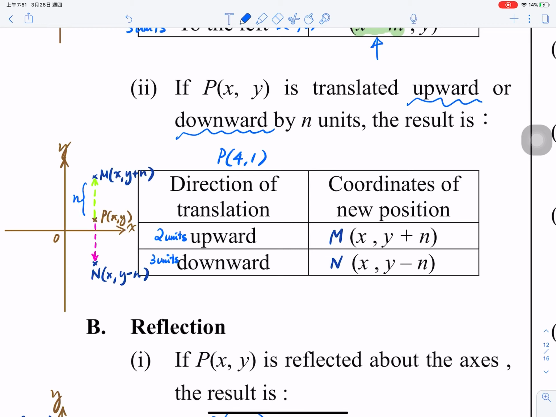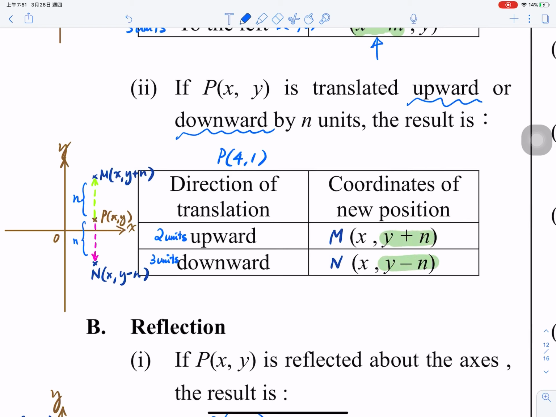Then it affects the y coordinates, right? From here up to here. So y plus n. If downward, then from here down to here, n units, then it becomes y minus n. That means here will affect y coordinates.